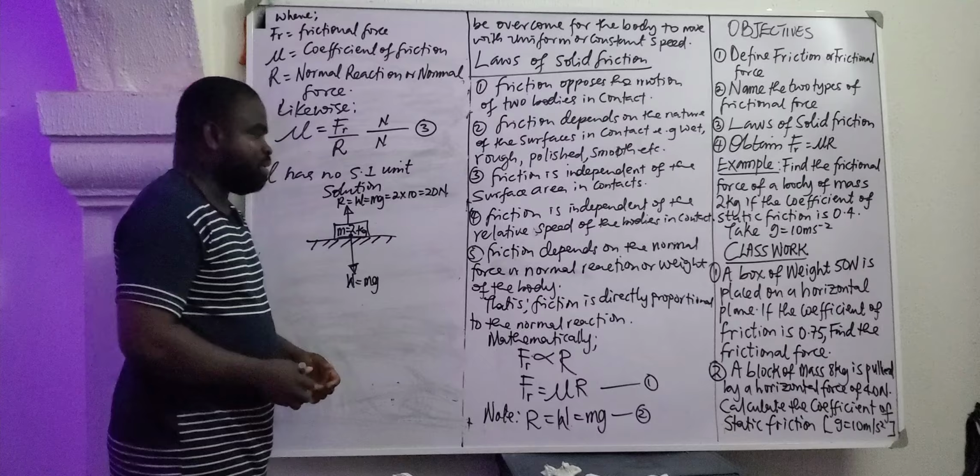Now, we say we have two types of friction, namely static or limiting friction and dynamic or kinetic or sliding friction. Let's take that. Two types of friction.